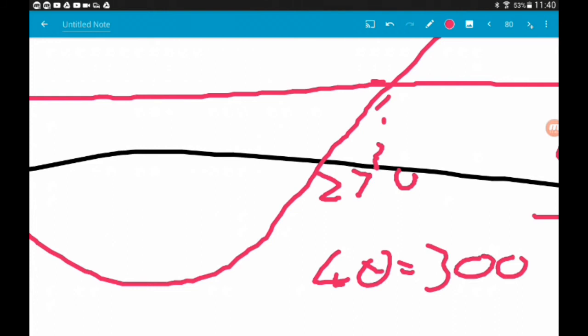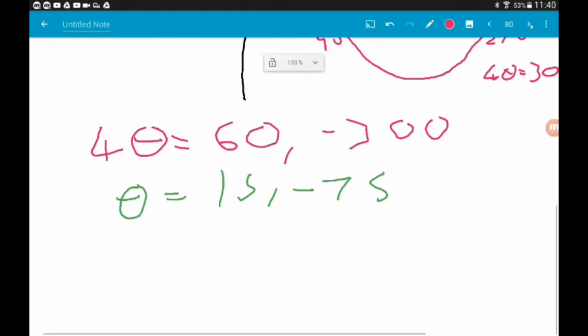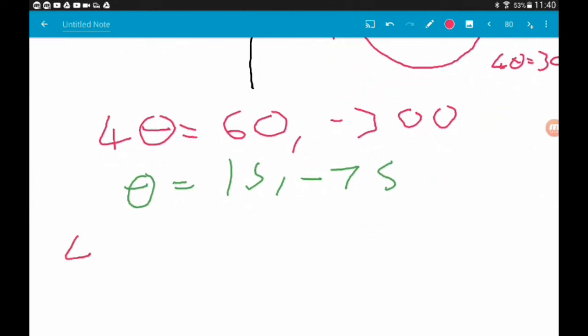So that's the x value there, where cos hits y equals 1/2, but that gives us our value for 4 theta. Now again, this comes from changing the interval. So we get then 4 theta is equal to positive 300.